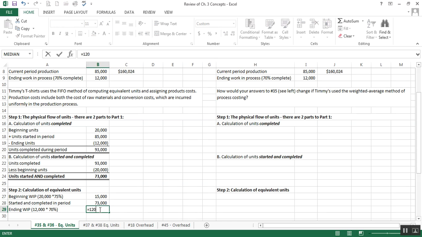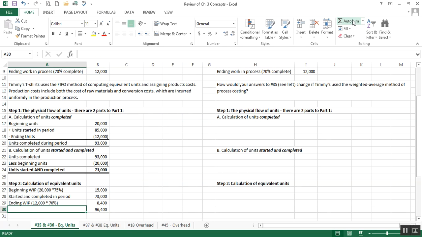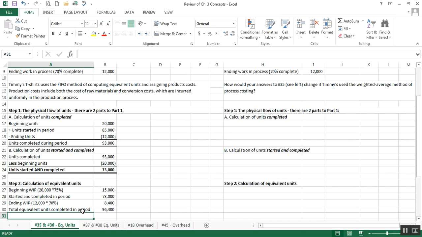So let's do the calculation, 12,000 times 70%. That gives us a total equivalent units of 96,400. So total equivalent units completed in period. So this is going to be used in the next step.